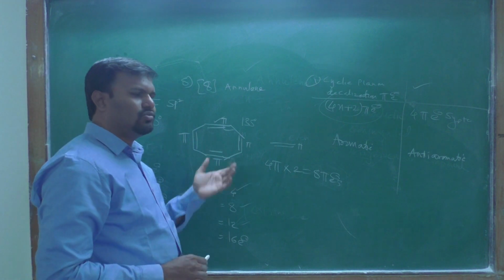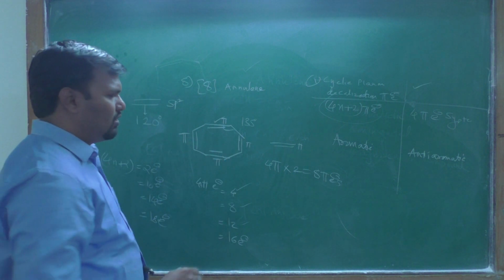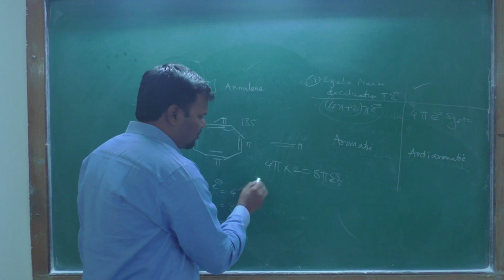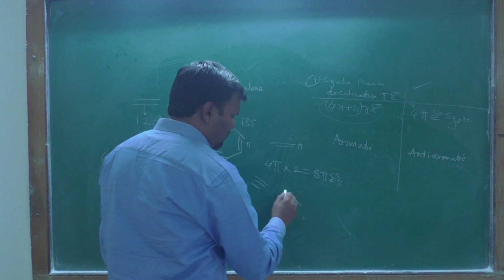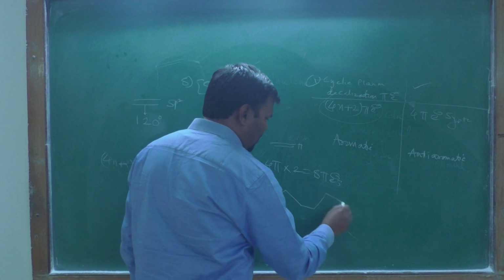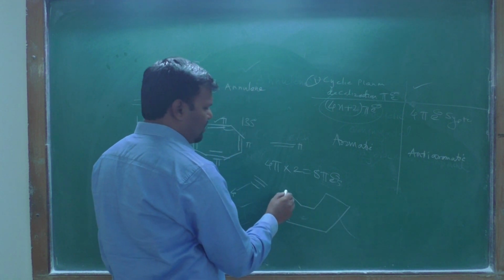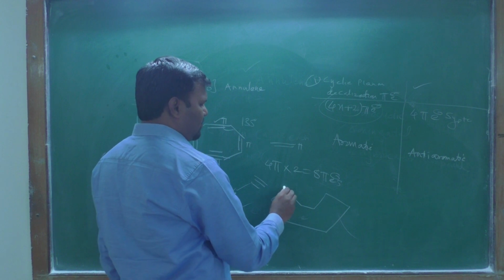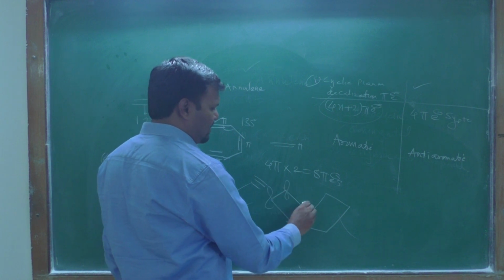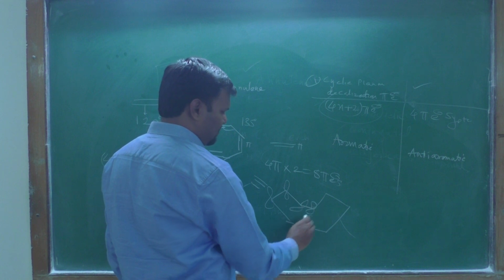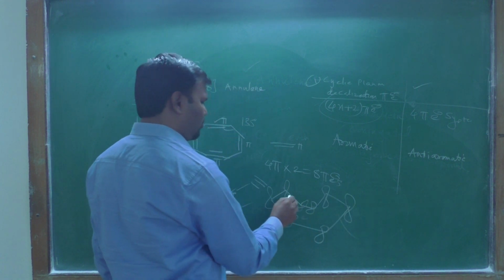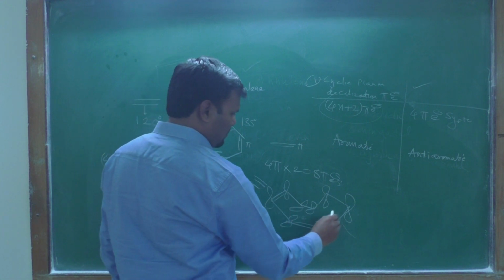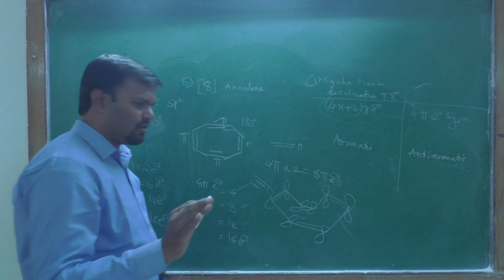That deviation produces angle strain in this molecule, therefore the molecule does not prefer the planar situation. It will take a boat-like shape, with this pi bond like that, this pi bond like that, and this pi bond like that. It shows a boat-like structure; it's not planar.